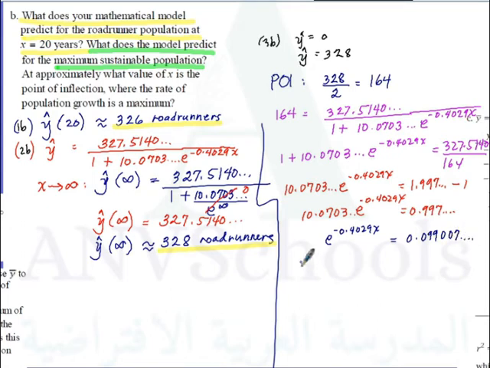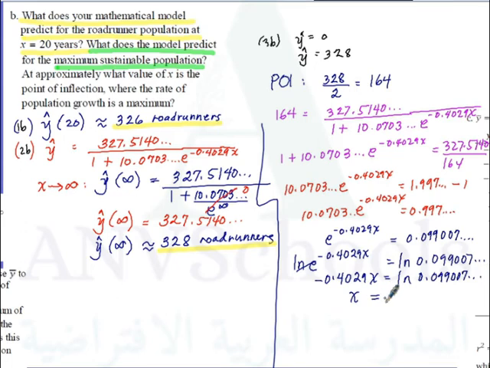That will give us 0.099007. And taking the natural logarithm, using a property of the natural logarithm, negative 0.4029x is equal to ln of 0.099007, and our x is that divided by negative 0.4029.